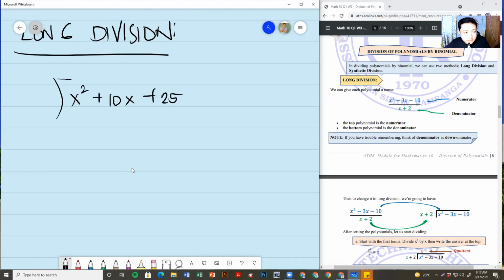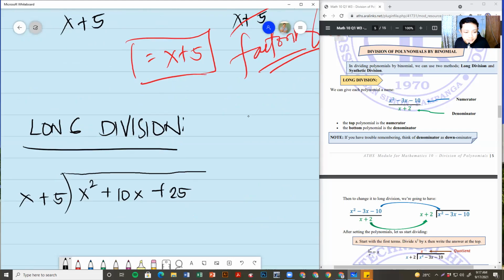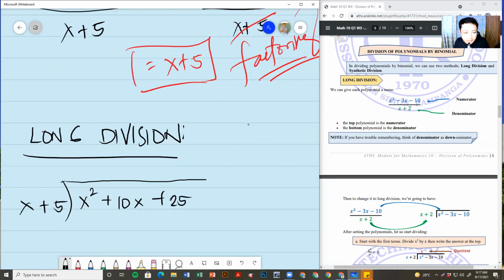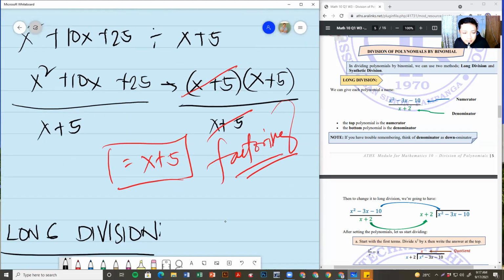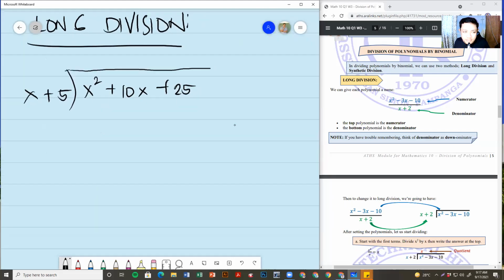This is just the same as the long division that we did when we were in elementary. This is the same example as our previous one. And the answer should be x plus 5. That's what we are expecting to be the answer here.